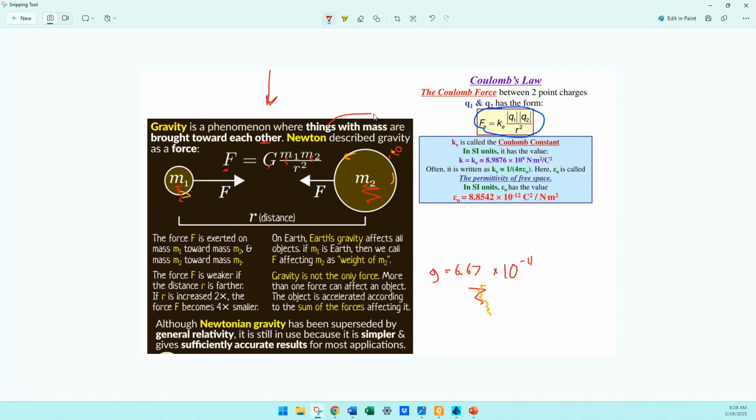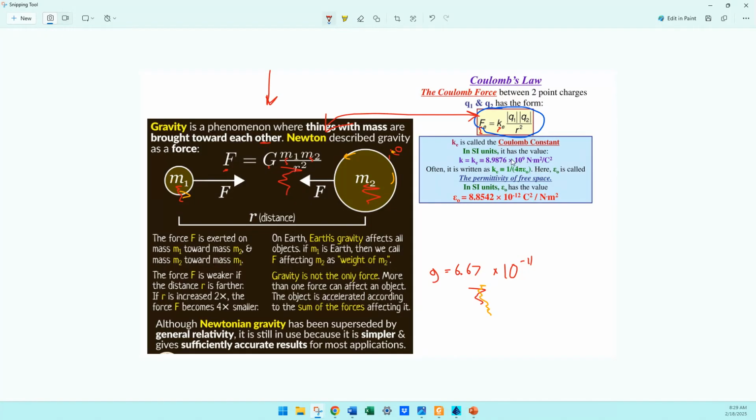Another cool thing to point out is the connection between these two equations. This one is gravity, which is one of the fundamental forces of the universe. And this one is the force of electrostatic attraction, known as Coulomb's law. Don't these look so similar? There's a force, there's a constant.